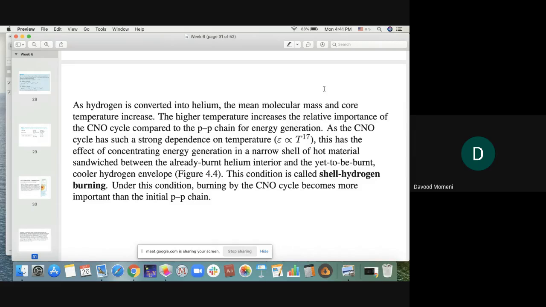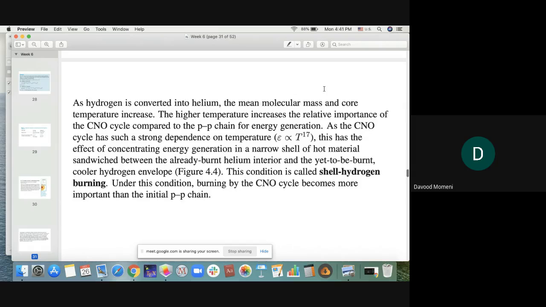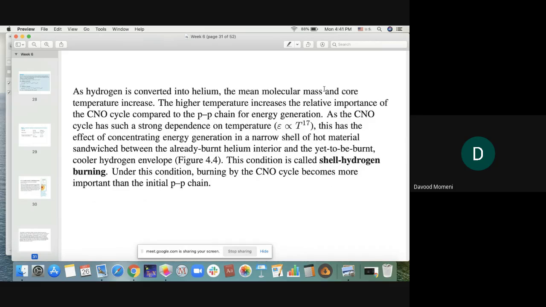This condition is called shell hydrogen burning, and it happens at this age, as you see. And if these conditions are satisfied, burning by the CNO cycles will be more important than the pp chain at the higher temperature.